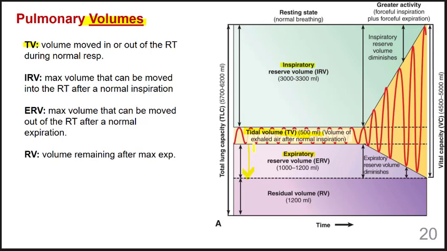You can see here that the expiratory reserve volume is less than your inspiratory reserve volume, and the reason for that is that we cannot fully expire all of the air that's been brought in, which leaves us with our residual volume, which is just the volume remaining after maximal expiration.